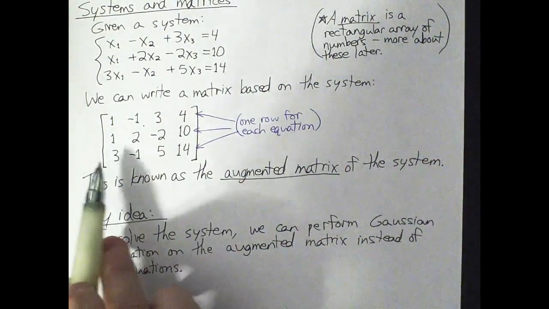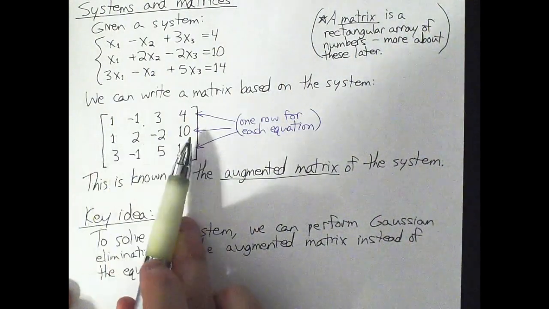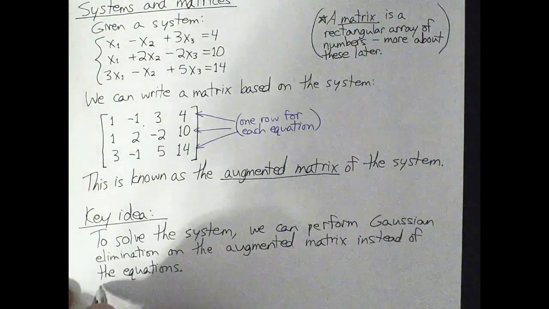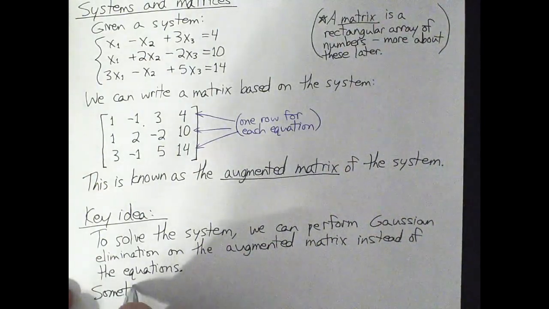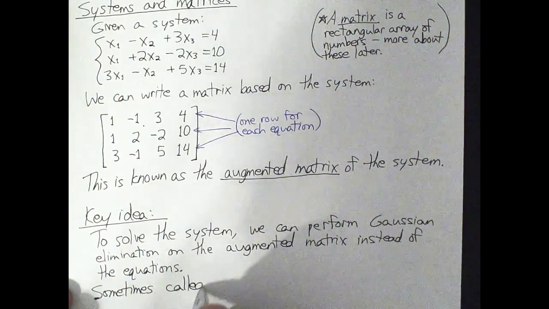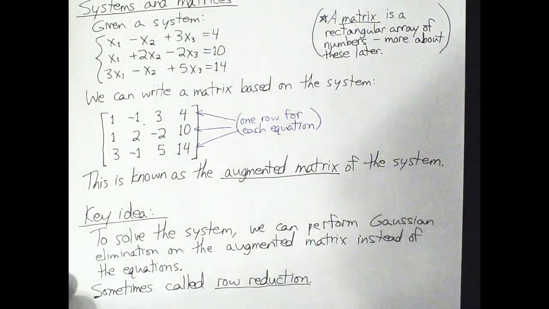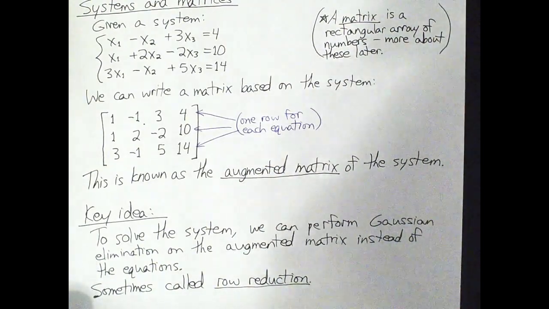When we do this, we're really working with rows instead of equations. So this is sometimes called row reduction. So we're working with rows where each row represents an equation.